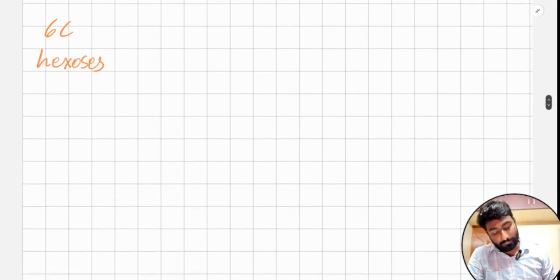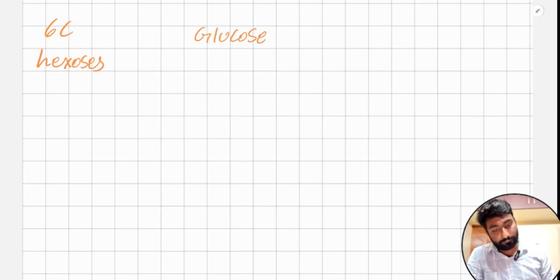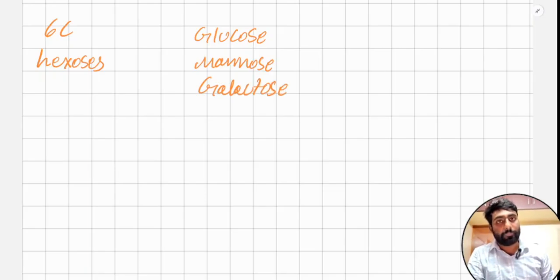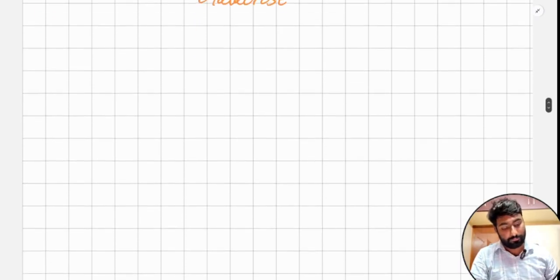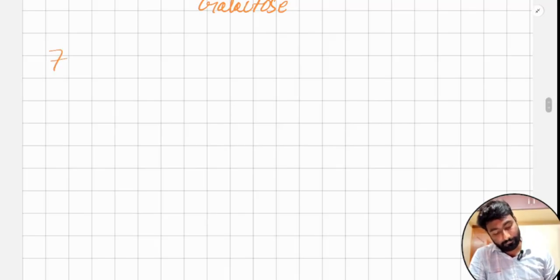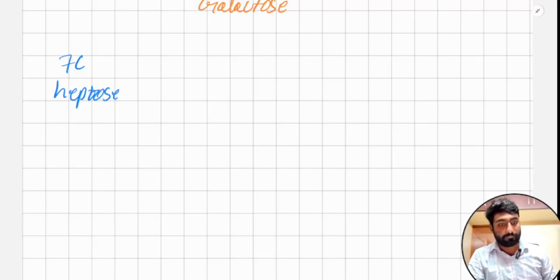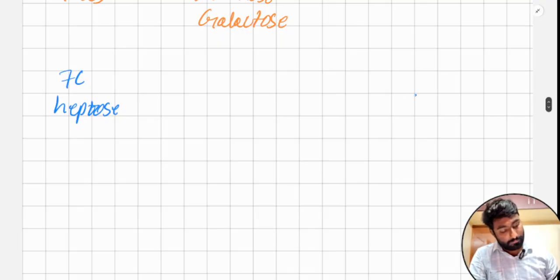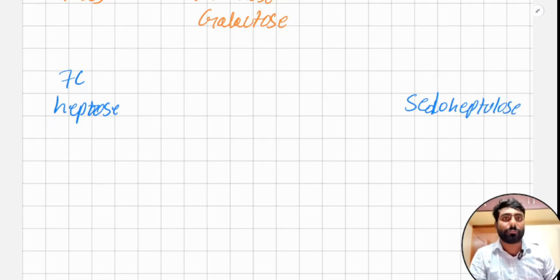The aldehydes, yeah, you know it: glucose, mannose, galactose, and in the keto, it is fructose. Okay, very good. Now 7 carbon, it is heptose. In keto group, it is sedoheptulose, which you see in your HMP pathway.